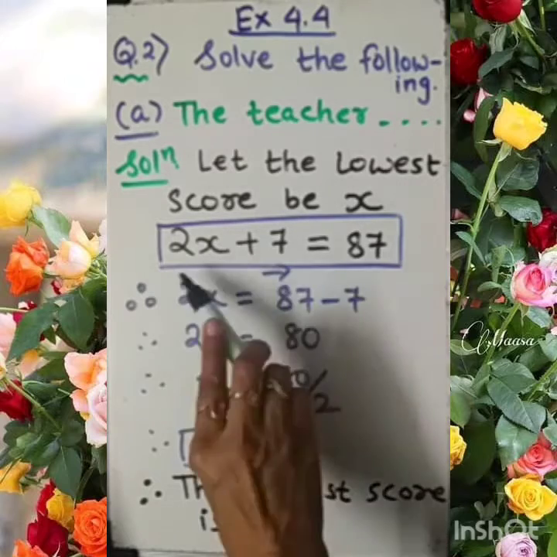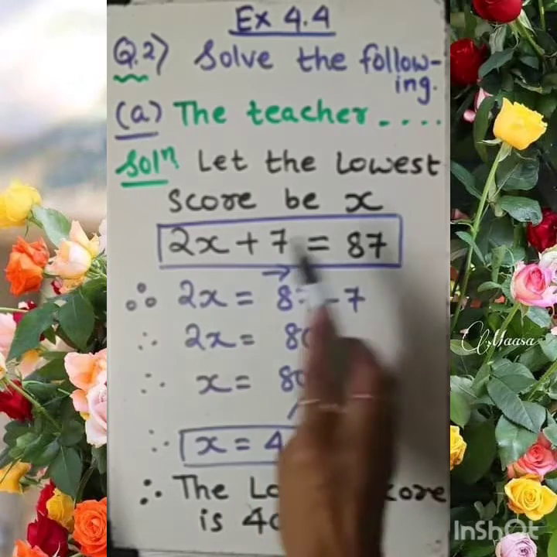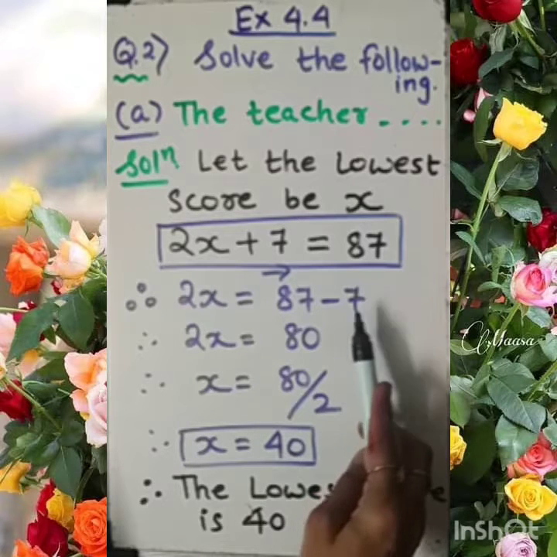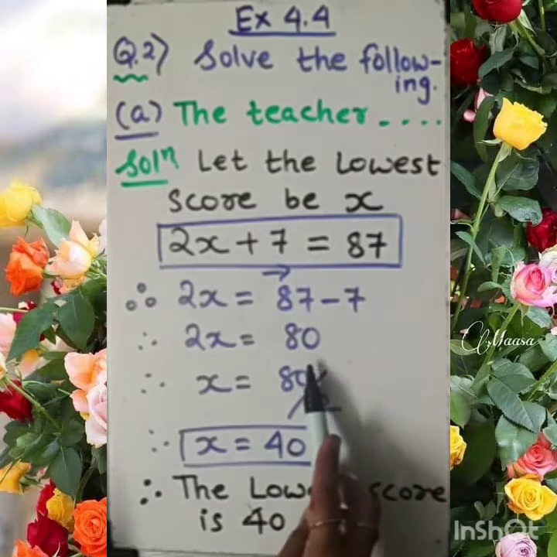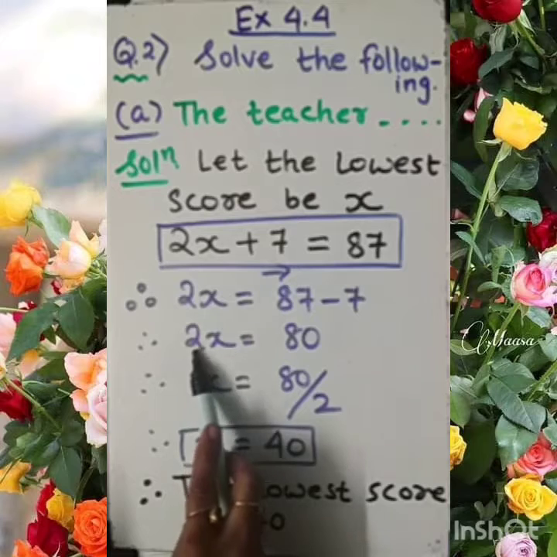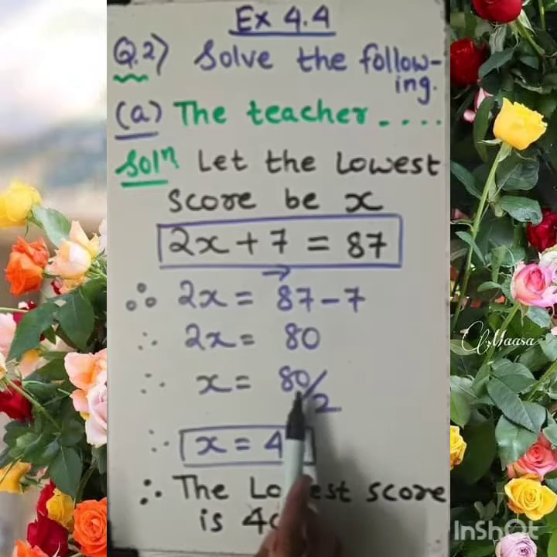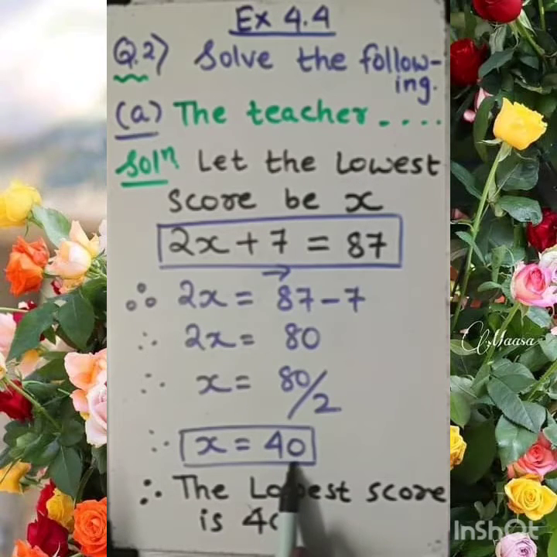We are comparing this side with this. 7 I am transposing to this side, minus 7. 87 minus 7 is 80, and this 2 is in a product with x, so I need to bring it as a denominator. Now half of 80 must be 40. So the lowest score is 40. This is the complete solution of part A.